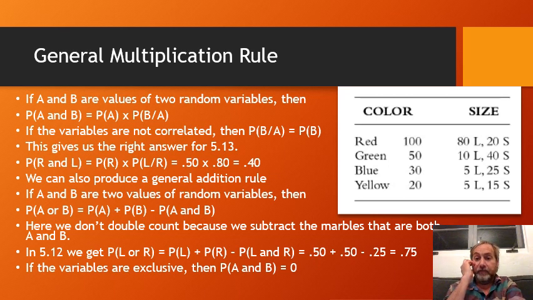Out of the red marbles, 80 are large. We see that right in the second column. So that's 80 out of 100, 0.8. Again, convince yourself: divide 80 by 100 on your calculator, and you'll get 0.8. All right, so we have the probability of R, 0.5, times the probability of L conditional on R, 0.8. Multiply those together, and you get 0.4. That's the right answer.